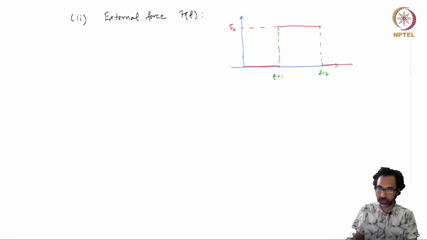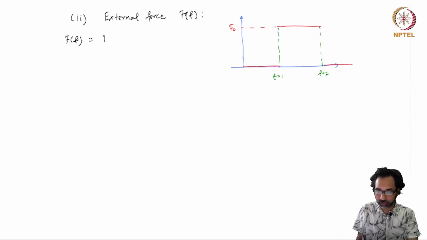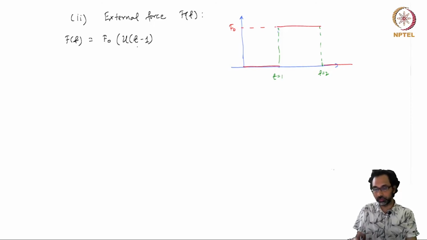So in this case one can write the external force as a difference of Heaviside step functions. So we can write this as f naught times the unit Heaviside step function with variable t minus 1 and Heaviside step function with t minus 2.